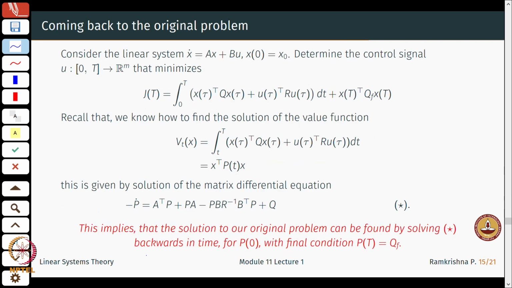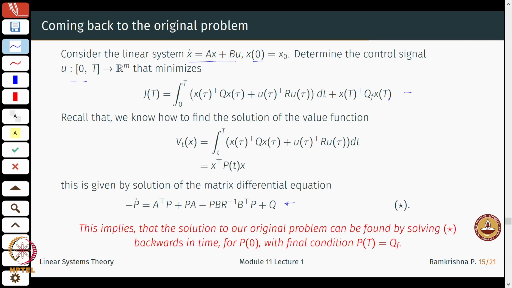So, where did we start off? We started off with system dynamics x dot equal to Ax plus Bu with some initial condition. We wanted to determine a control input that minimizes a certain cost. Now, we know that the solution V_t is given by this matrix differential equation.